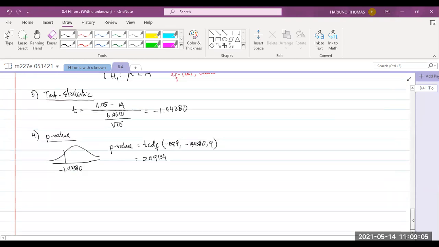That's the p-value. So from there we see, oh, it's more than 5%.